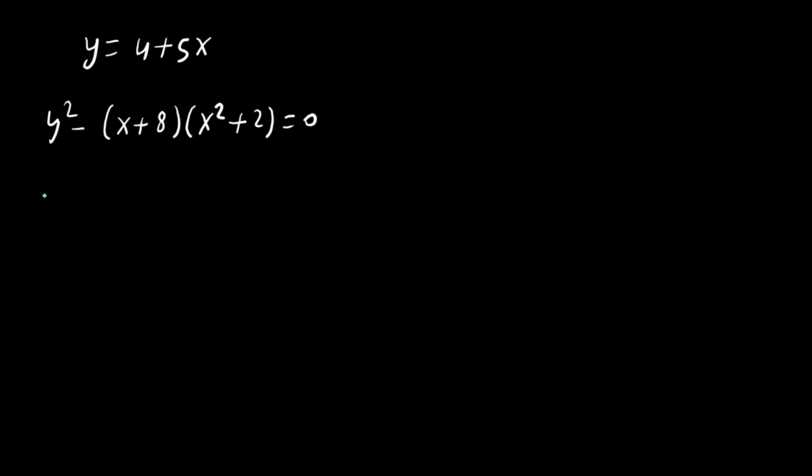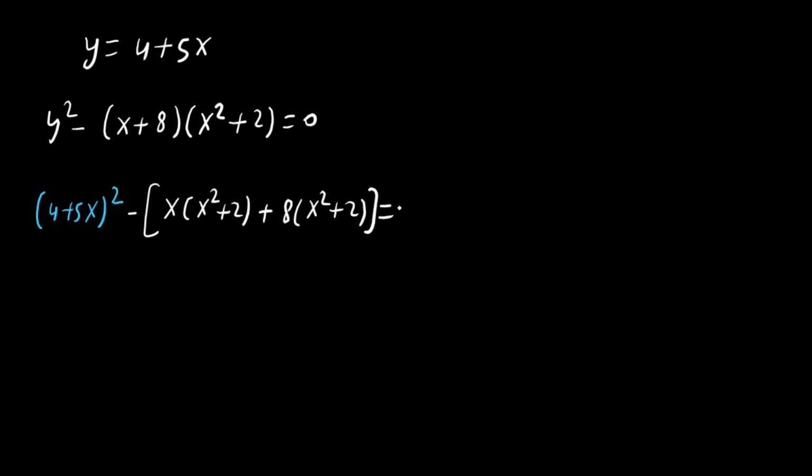Then this y is replaced by 4 plus 5x whole square, and minus x multiplied by x square plus 2, plus 8 multiplied by x square plus 2, and this is equal to 0. If we apply (a plus b) whole square, we know that it is a square plus b square plus 2 times ab.